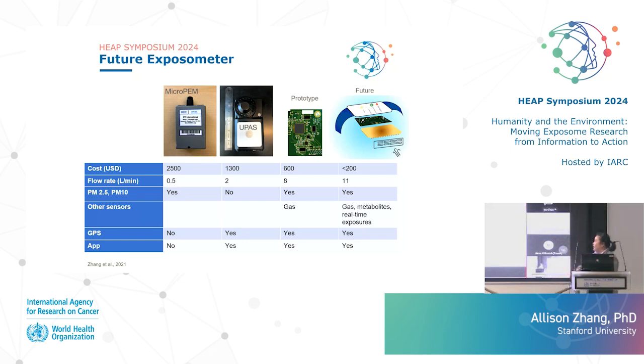So it can cost at least $600 just for the device. And it has a lower flow rate compared to the human breathing rate. So when you do a quantitative analysis, you want something closer to the human breathing rate to mimic the actual exposures. And some of those devices have real-time PM2.5, PM10, which are the most well-known environmental factors.